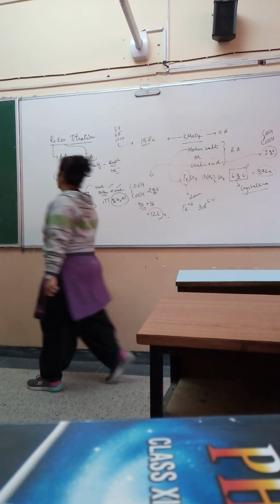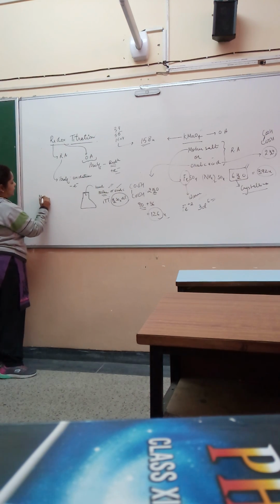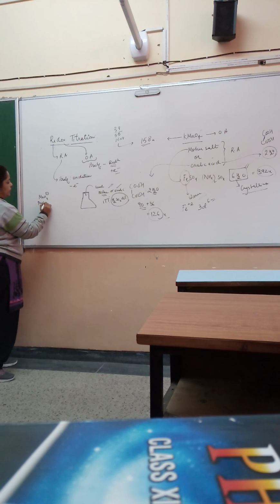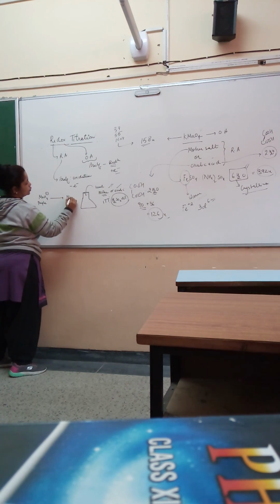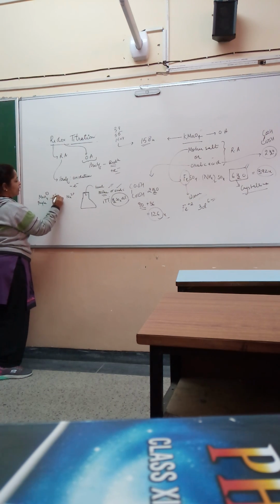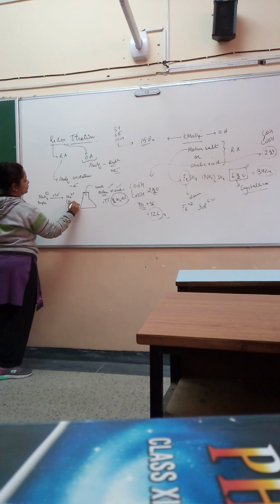The reason being, your titration is because of the MnO4 minus ions, which are purple in color. This purple colored solution should change to Mn2+ by gaining 5 electrons, and this only happens in an acidic medium.